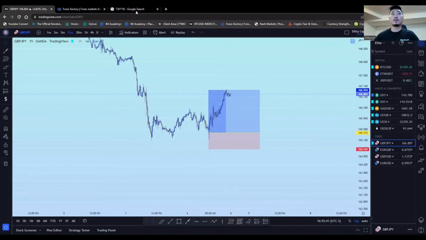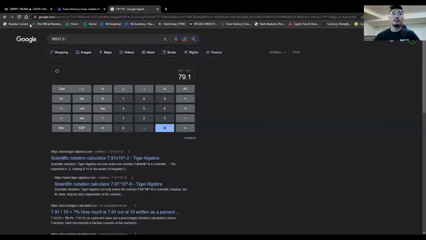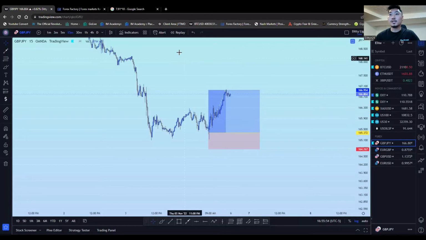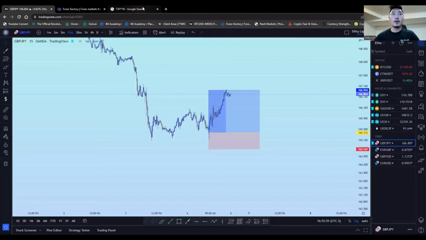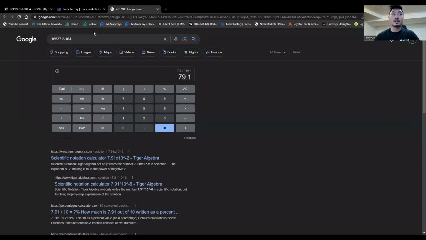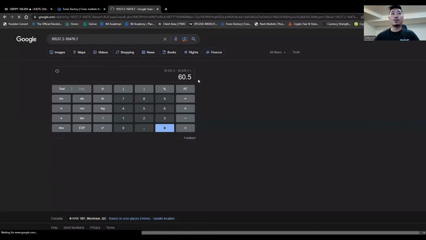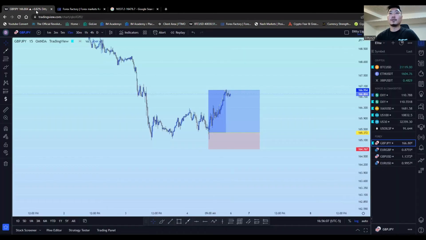Okay, so what I did, I just take the dot and put it just after the second decimal. So this, and then minus what? 164, 164, 76, 76.7. Boom, 60.5 pips.